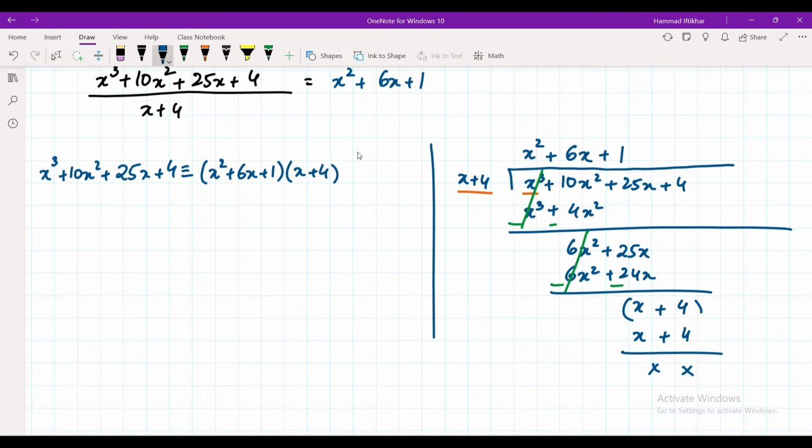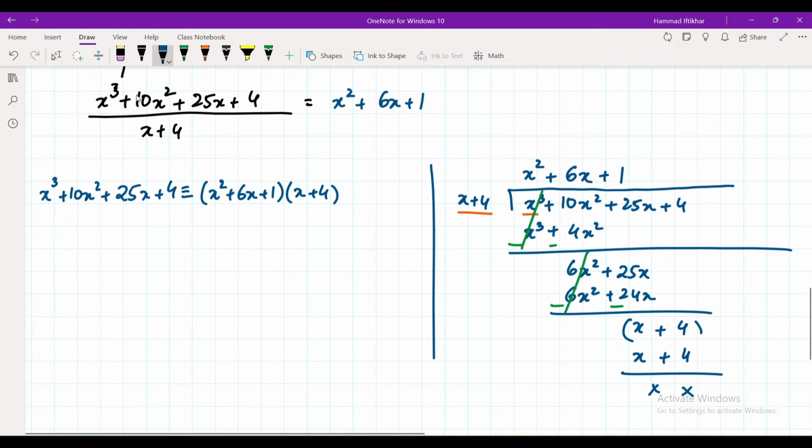So this is also how the cubic expression could be rewritten as a product of these two. So since there is 0 remainder, we don't need to write this part over here. This is redundant. So this was a fairly easy example.